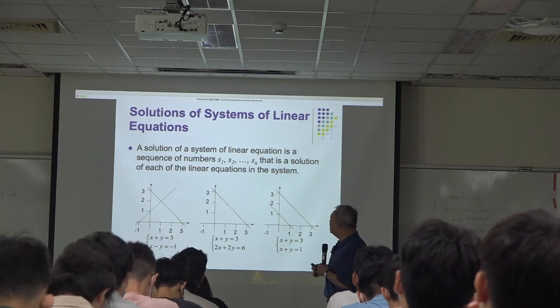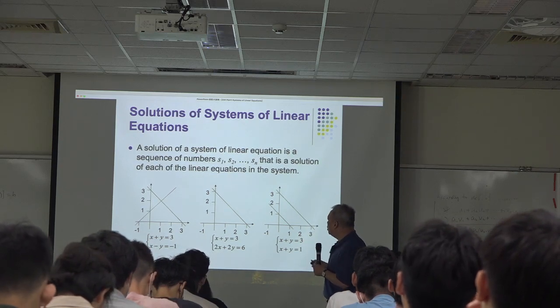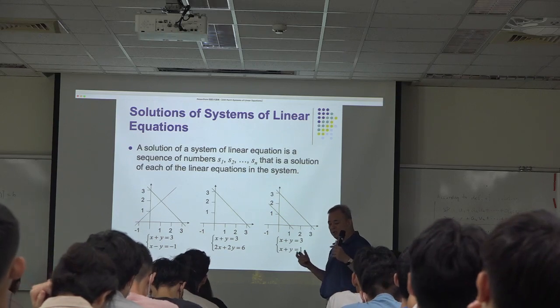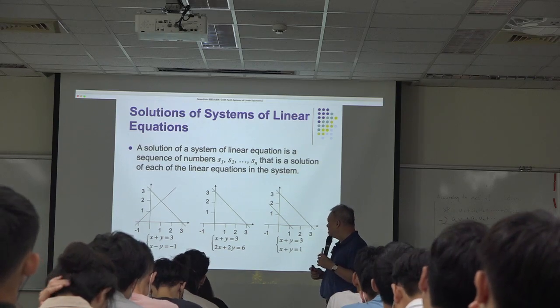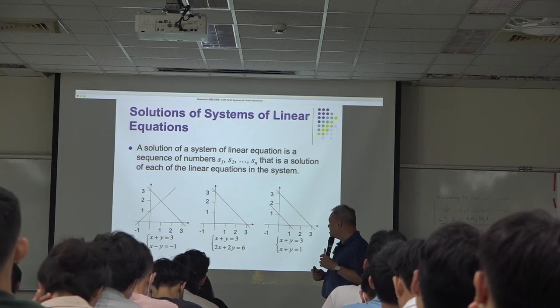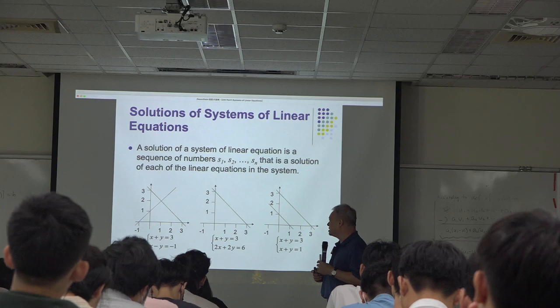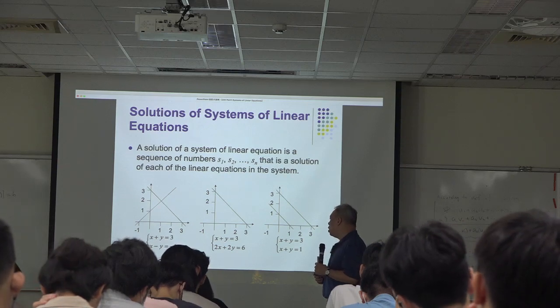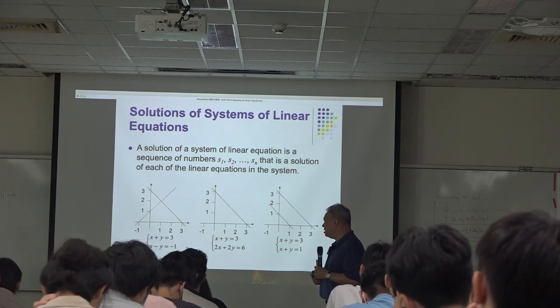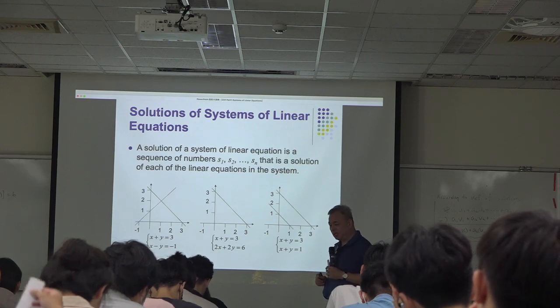Because when we say a solution of a system, we normally mean a set of real numbers that can satisfy all the linear equations in this system at the same time.